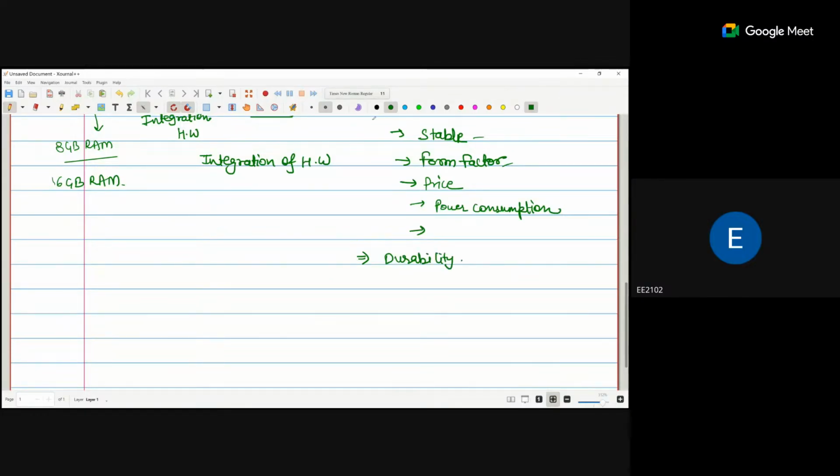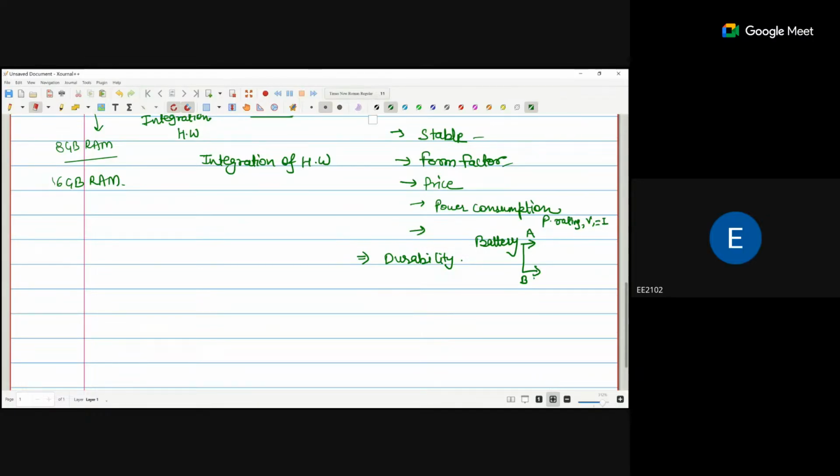Okay. For example, I purchase two different batteries, one from company A and one from company B. The power rating is the same, voltage the same, and current the same.